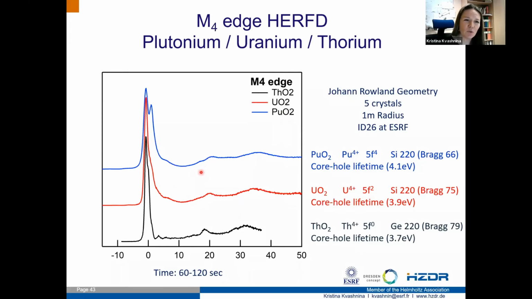In the case of thorium, this is the best Bragg angle, 79 degrees. The core hole lifetime, by tabulated value, is also lower compared to uranium and plutonium. And I think that's why thorium has the narrowest profile which we have recorded so far at the M4 edges, if we compare to uranium and plutonium.